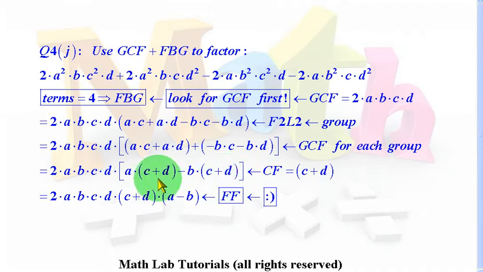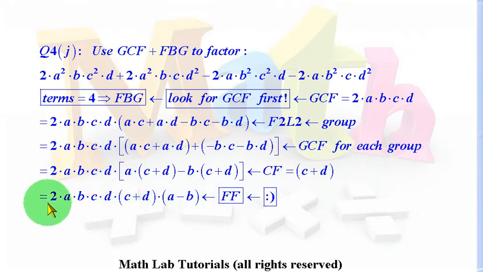Lo and behold, if we compare, we get a common factor over here of c plus d. That means we can pull it right out front and put it right beside the GCF that we found before. Recall that this was the original GCF, and there's the common factor c plus d. When we erase the common factor over here, we're left with a balance of a minus b. So we write down a minus b as the balance.